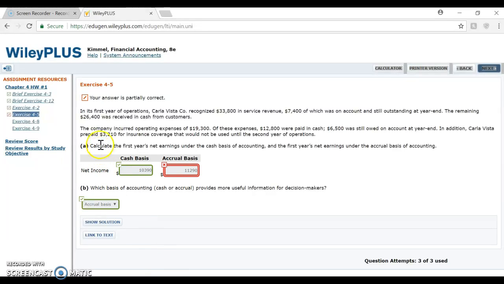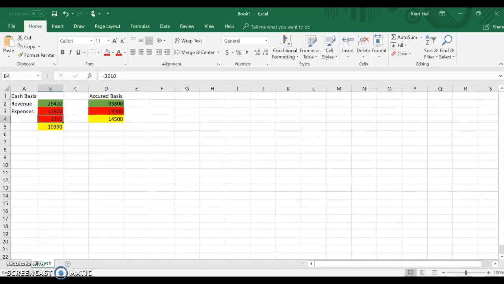And then because we prepaid $3,210 for insurance, and because that was a cash expense, we'll go ahead and put that in right here. And then if you do the math and you subtract it all out, we end up with a net income of $10,390 on a cash basis.